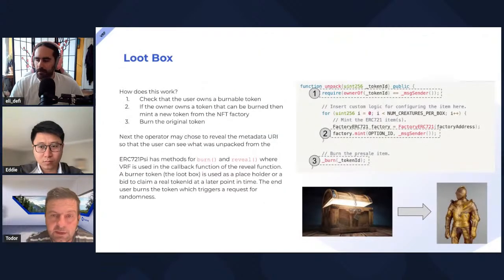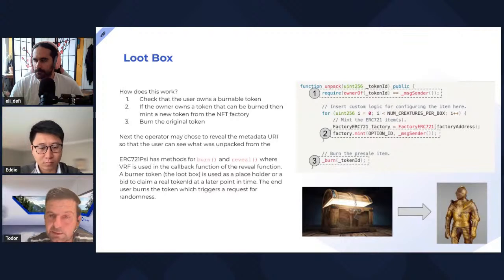So, diving a little bit more into how this works in some scenarios at least, the NFT contract could implement certain techniques. In this case, for example, we have an extension to the ERC721 standard called ERC721 Psi, and this extension actually implements Chainlink VRF for the reveal feature.